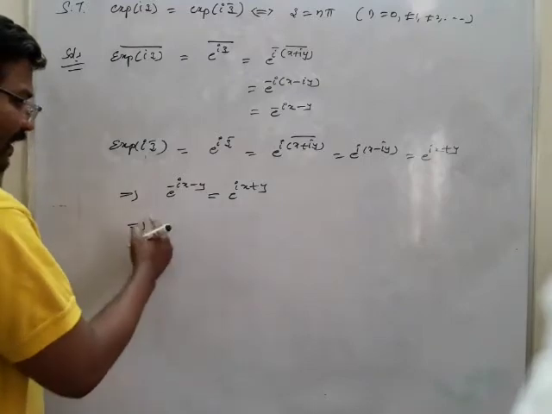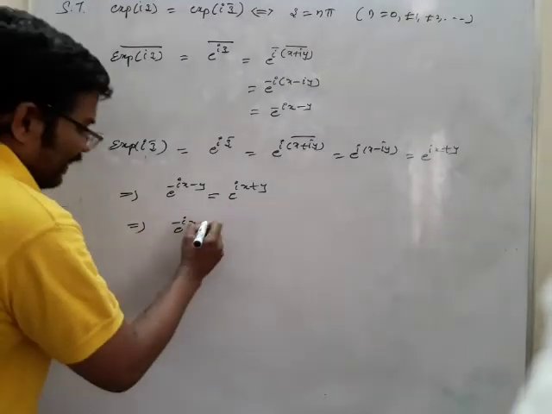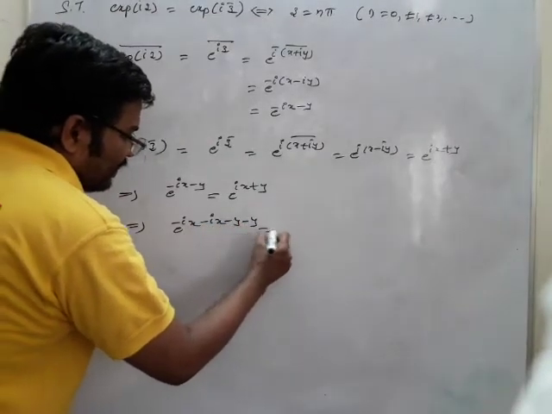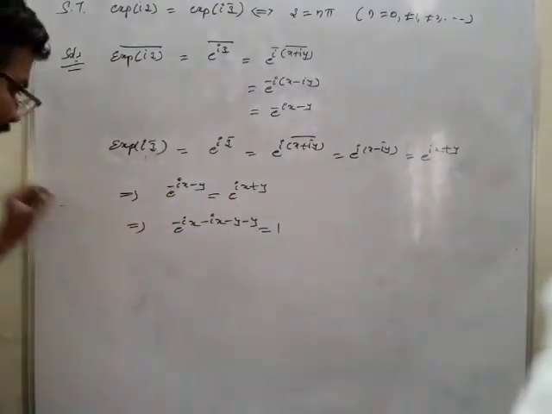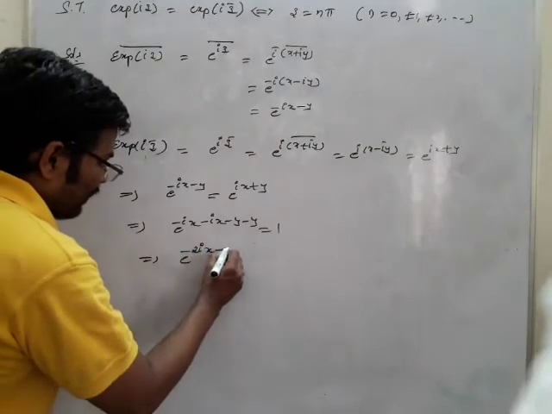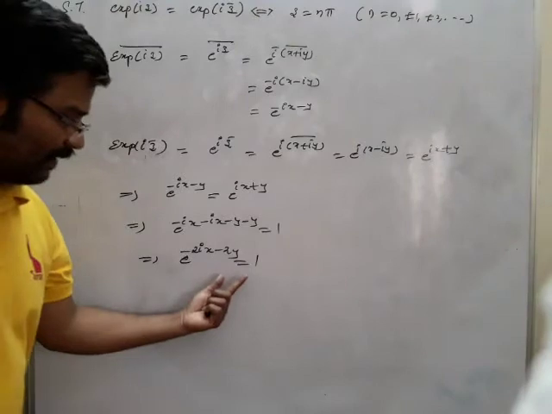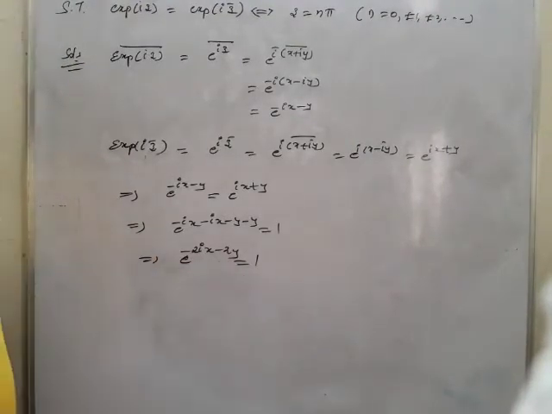If you take this side, it will be e power ix, then you will get minus ix minus y is equal to 1. If you take it into the denominator, you get this. Now this is e power minus 2ix minus 2y, which is equal to 1. This is how you got e power minus 2ix minus 2y is equal to 1.